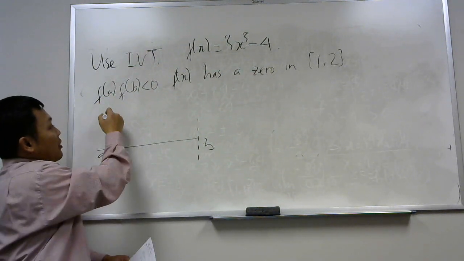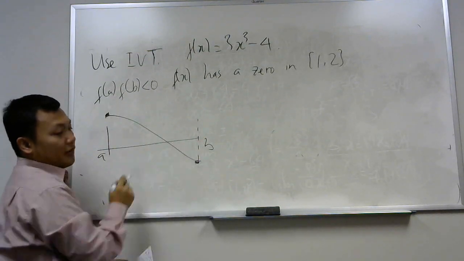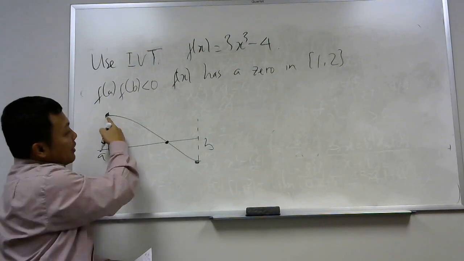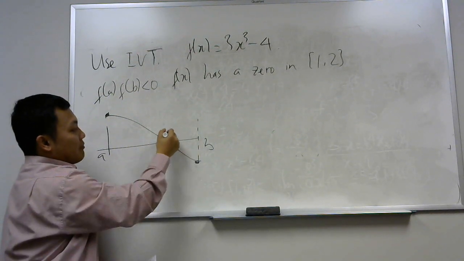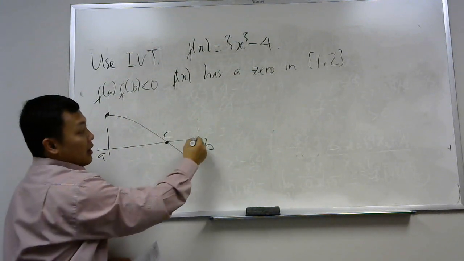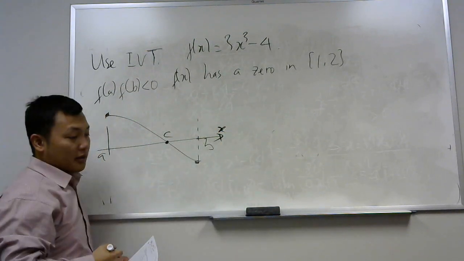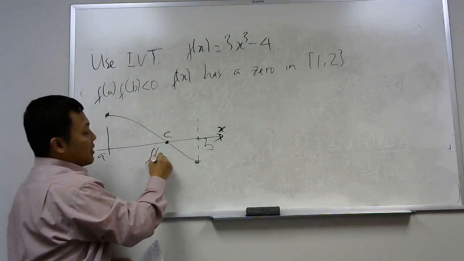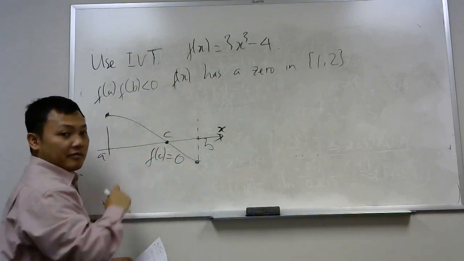Okay, so suppose we have above in here and under in this, right? And the function is continuous. Then when you connect this point, this curve should intersect the x-axis at some point c. This is the horizontal axis, right? And that is just the x-axis. So at c, f of c equal to 0. That means c is a 0 of f of x.